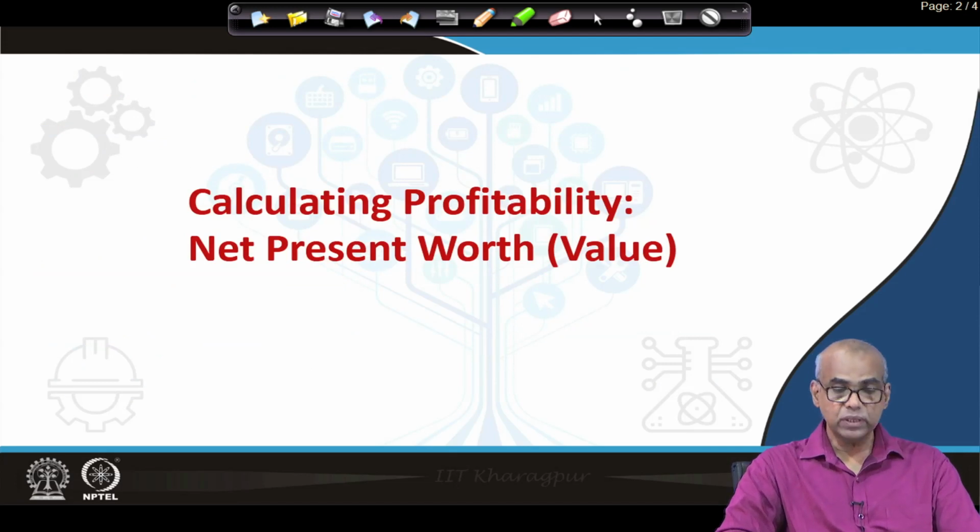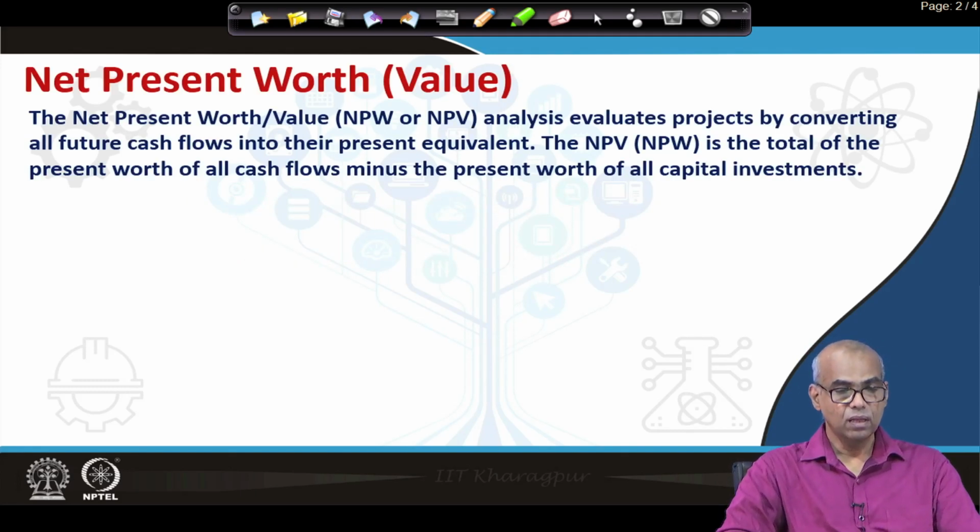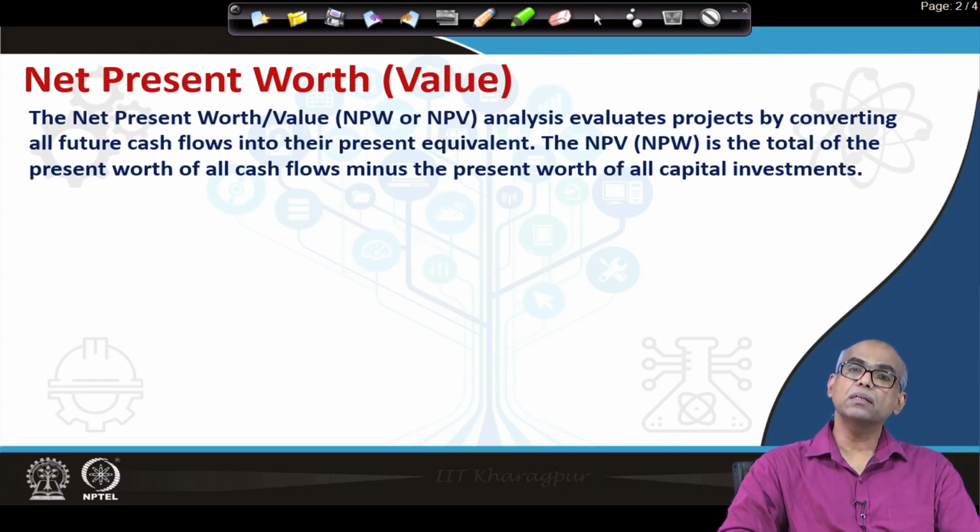So, we start with how to calculate profitability using net present worth analysis or net present value analysis. The net present worth or net present value, generally known as NPW or NPV, evaluates projects by converting all future cash flows into their present equivalent.